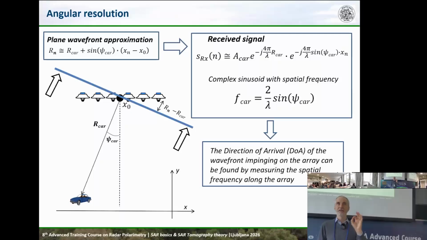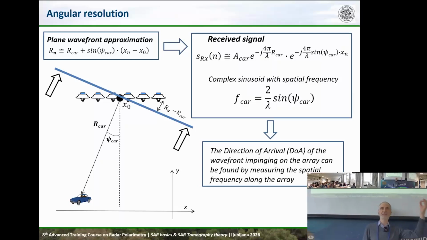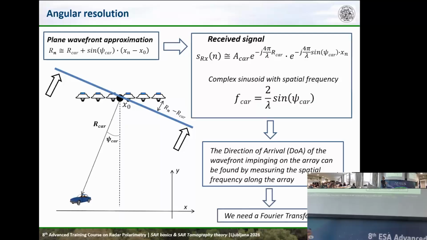So let's say we map angular position, by nature, angular positions are mapped to frequencies, and in particular to spatial frequencies. So if we want to measure this frequency, we need a Fourier transform.